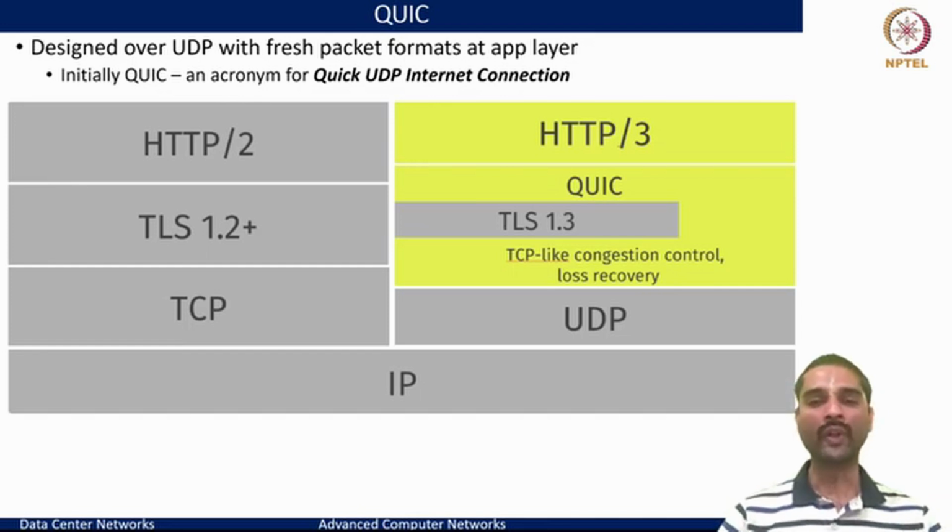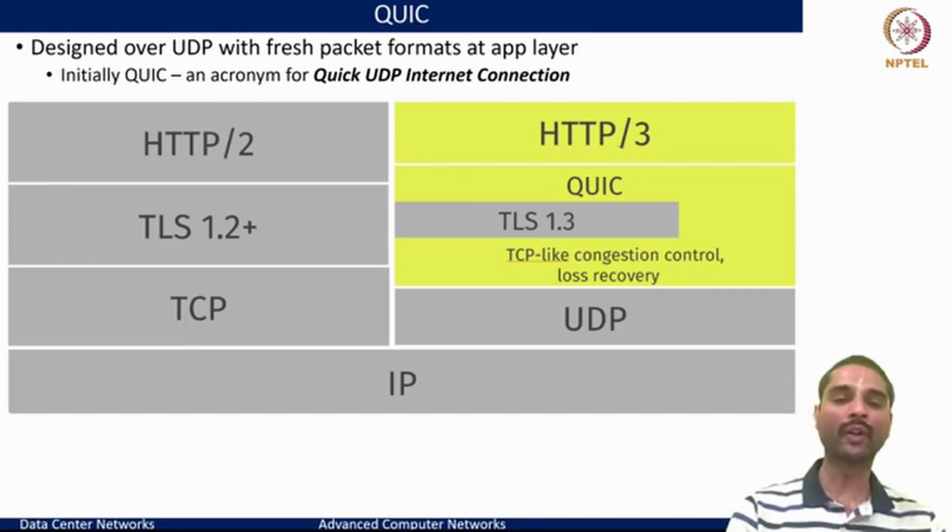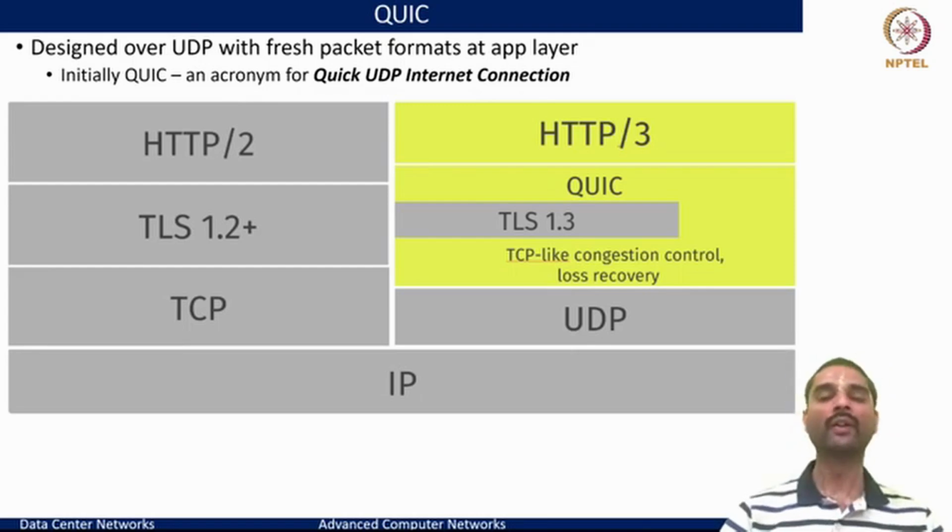Hence, the QUIC stack was developed to replace the transport layer TCP with UDP and replace the earlier versions of TLS with the newer TLS 1.3, which also supported fewer RTTs to negotiate the cryptographic parameters.